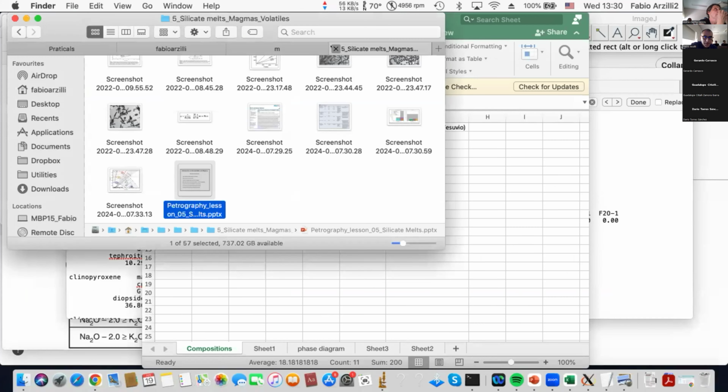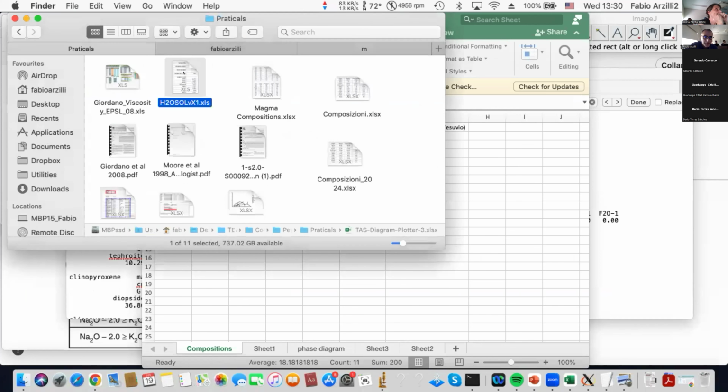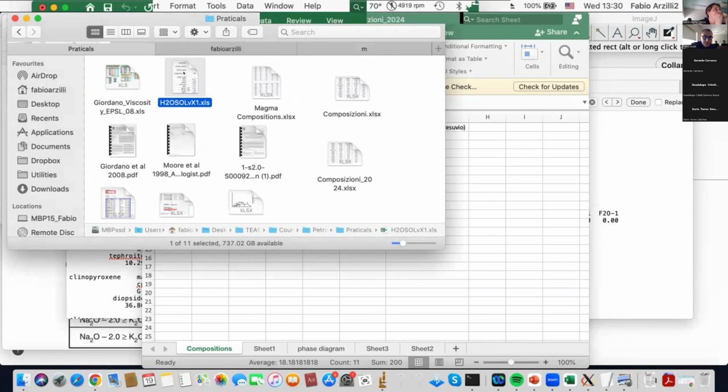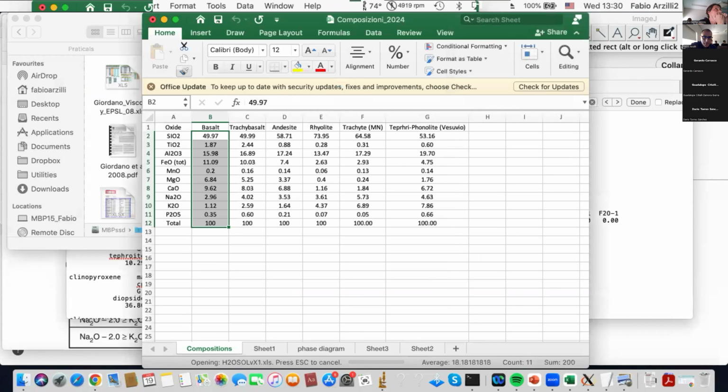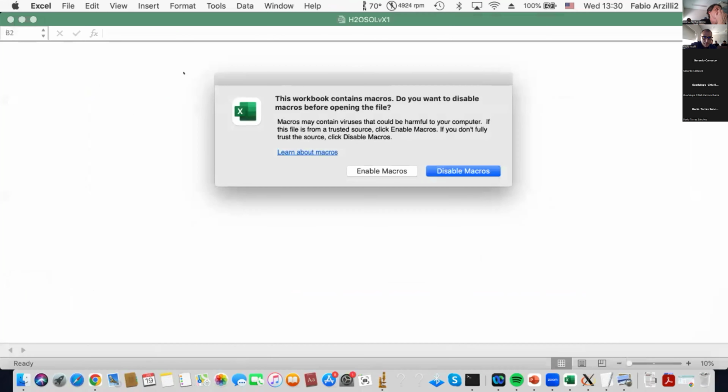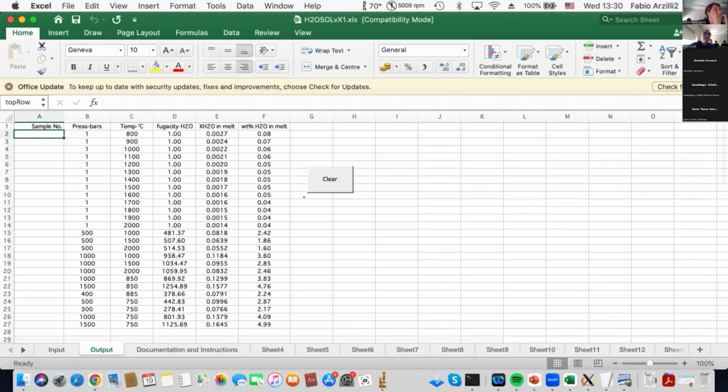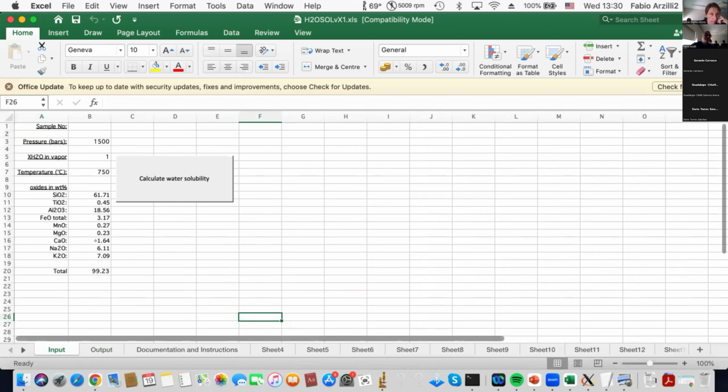See the notes. Okay, if you open this, you have to enable macros. Then you go to input. In input it is very simple.